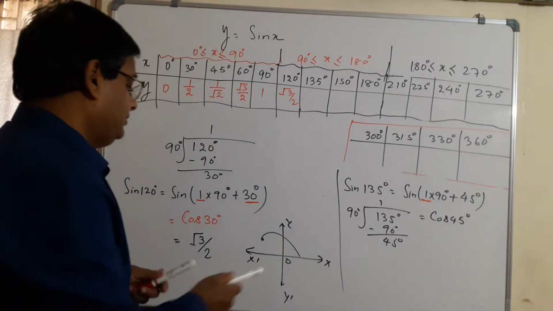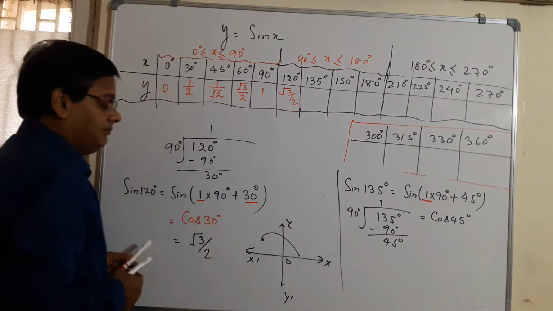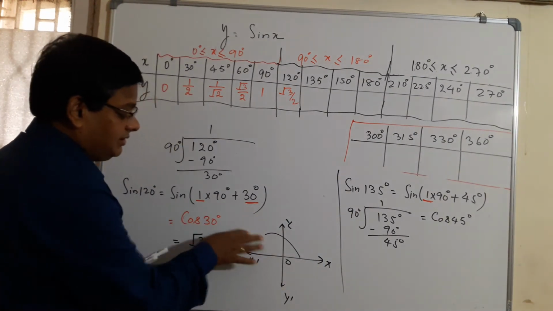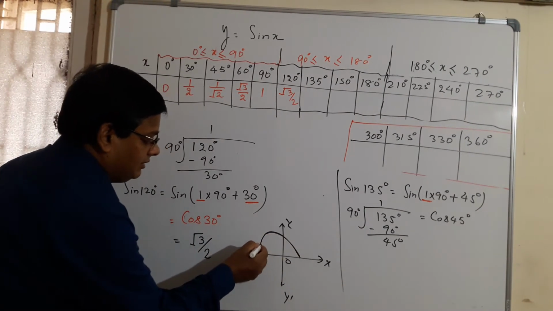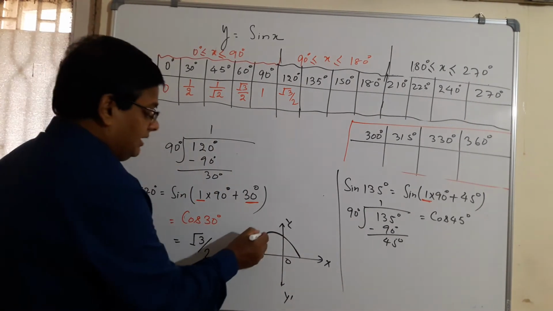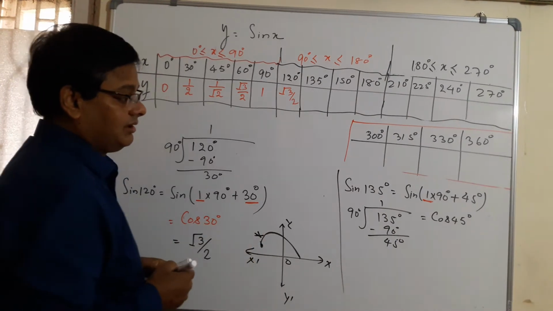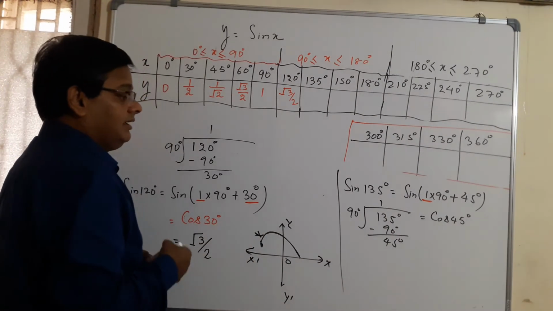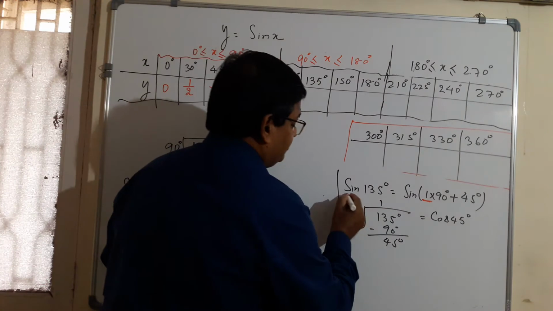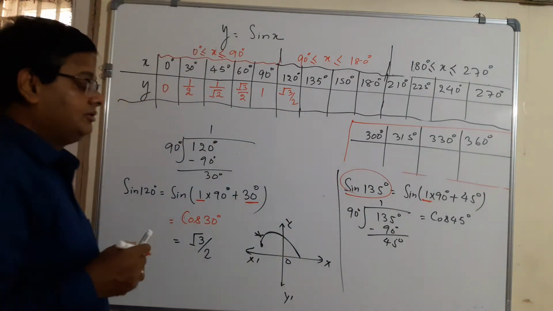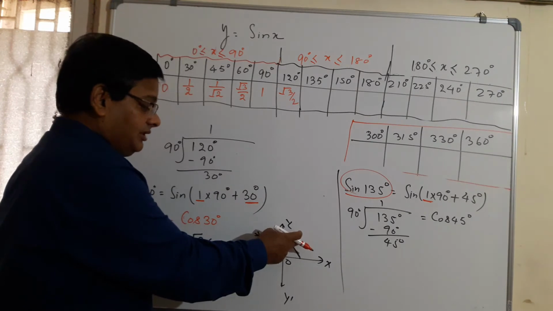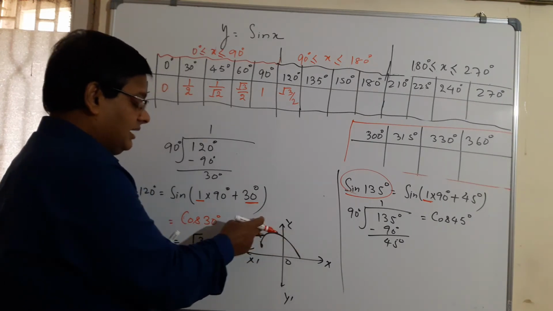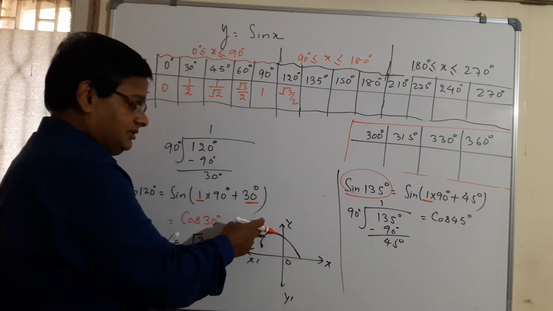Now check here, 135 degree lies in the second quadrant. So in the second quadrant your sine is positive. You know that: All Students Take Copy. All T ratios are positive in the first quadrant. Here sin theta and cosec theta are positive.